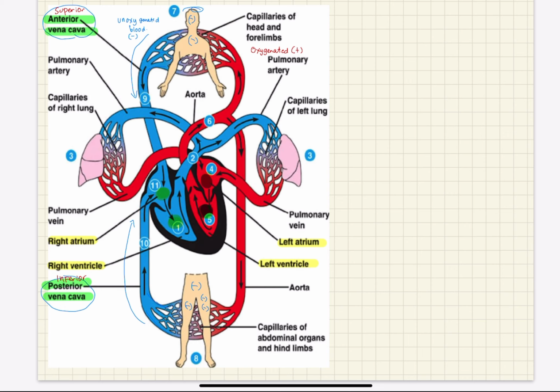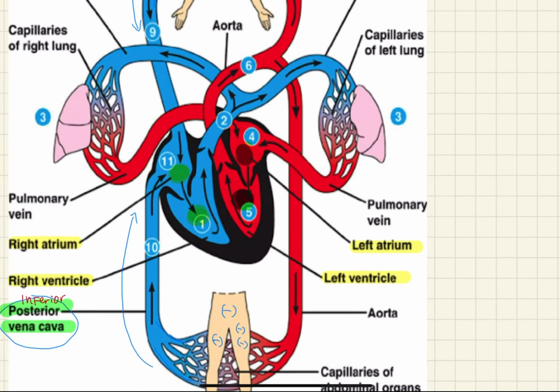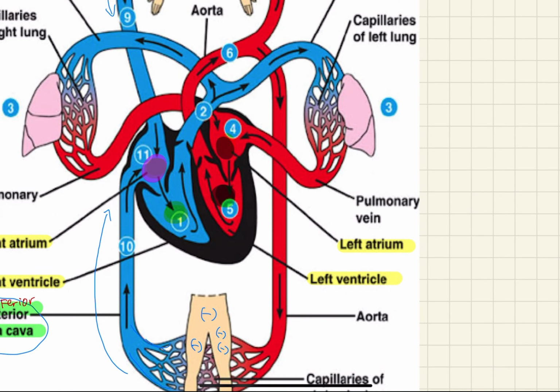So, saan sila pumunta? Both blood that are unoxygenated coming from the posterior vena cava and the anterior vena cava, lahat sila pupunta po dito sa right atrium. Okay po ba? So, nandito po yung ating unoxygenated blood.